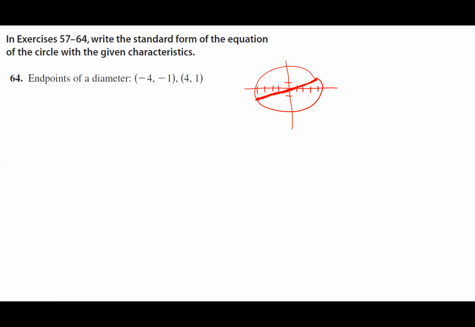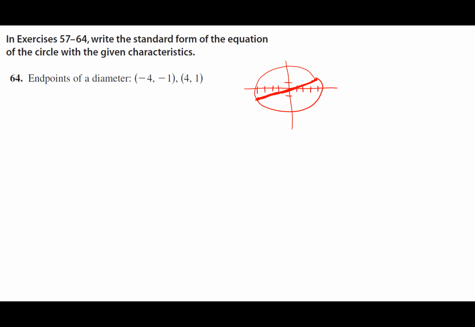I'm pretty sure it's x squared plus y squared equals 5. No, I have the coordinates of the middle. Let's see. I have this point and this point, right? What I'm trying to do is find the middle.